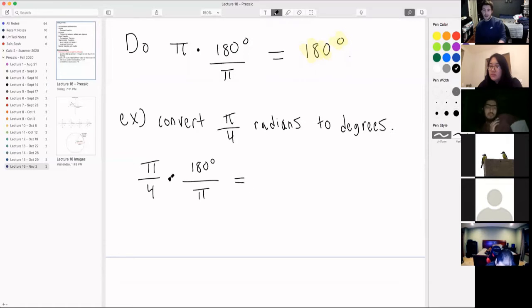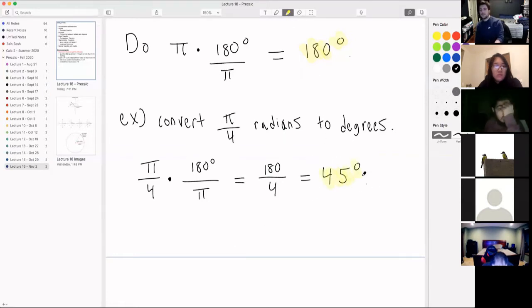Again, the pi's will cancel out. That's always going to happen, well, usually it will happen. So you're just left with 180 over 4. Then you work this out very quickly. You can use a calculator if you want. 180 divided by 4 is 45. So the final answer here will be 45 degrees.